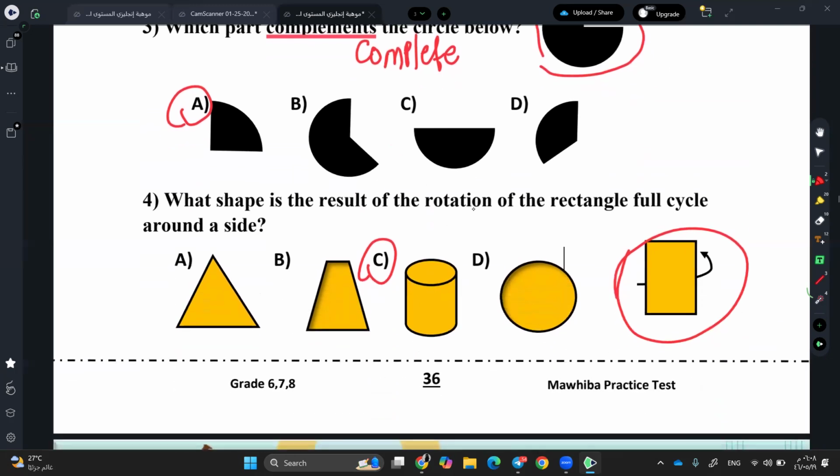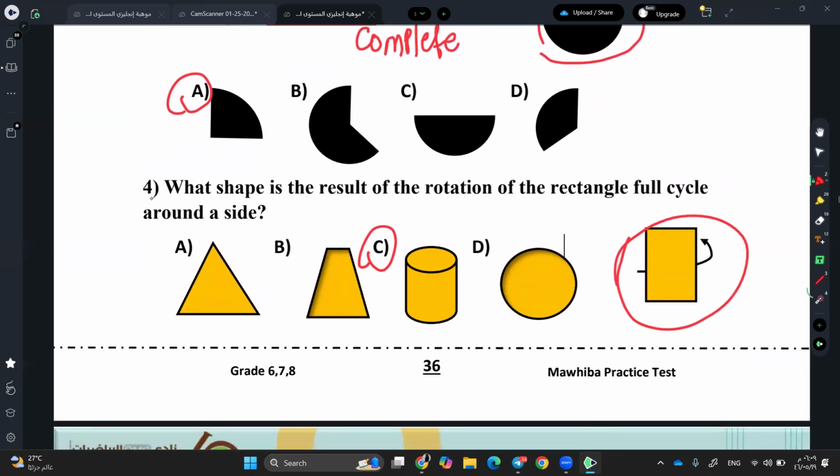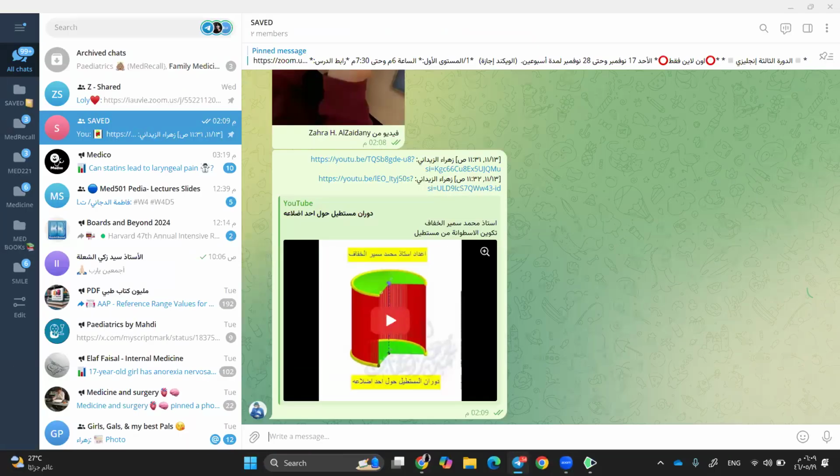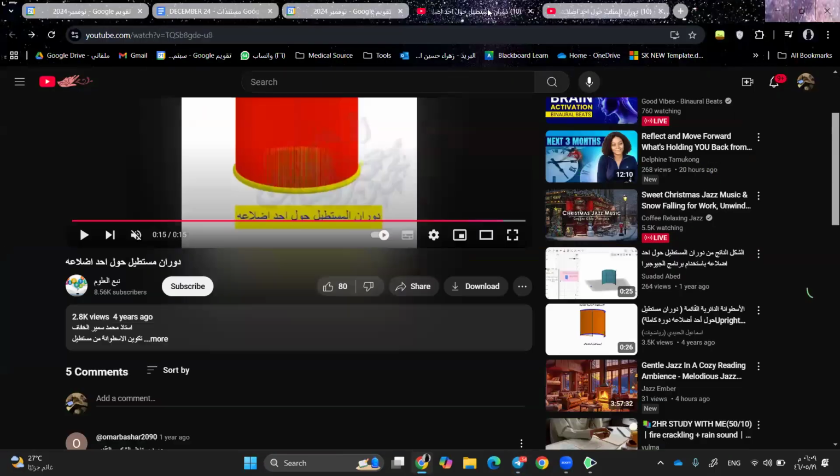Question number 4, what shape is the result of rotation of a rectangle in a full circle around its side? So this is a rectangle, and when it's rotated, it will be a cylinder. Do you want me to show you the video again? Okay, let me show you the video.